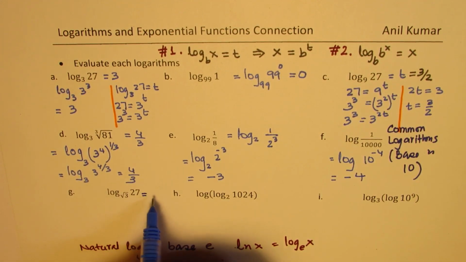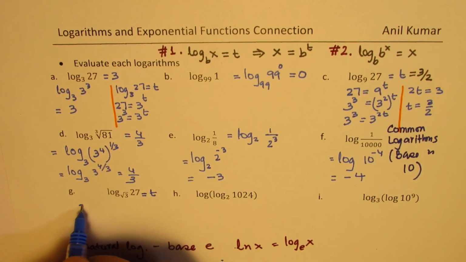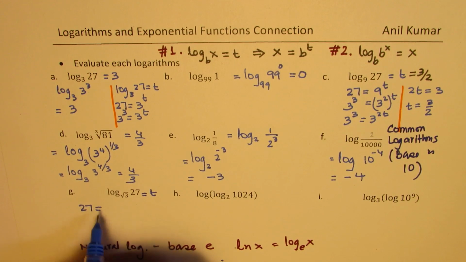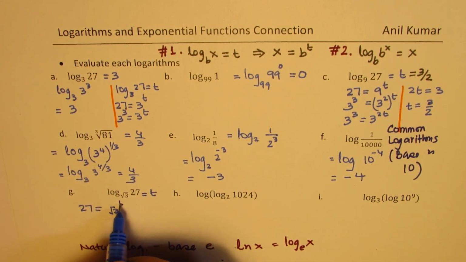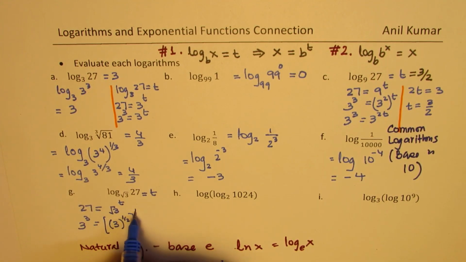So let us do this by setting it equal to t, and we'll find what t is, right? So we write this as an exponential equation. 27 is square root 3, that is the base, to the power of t, right? Now 27 is 3 cubed. And square root 3 is 3 to the power of half, right? So half, and then we have t on top of it, correct?